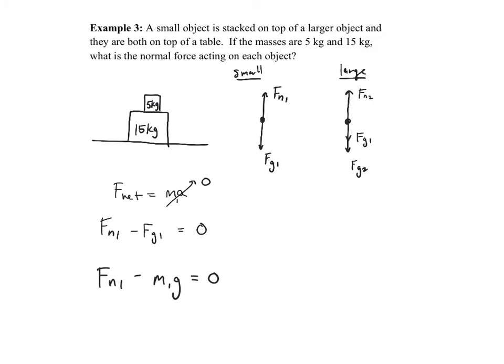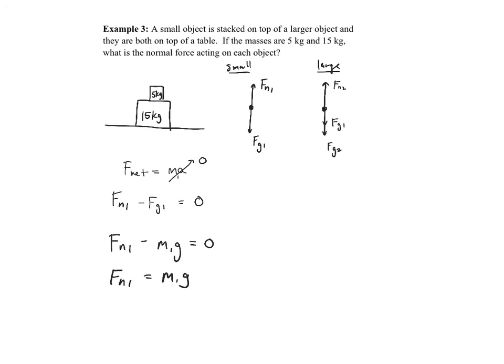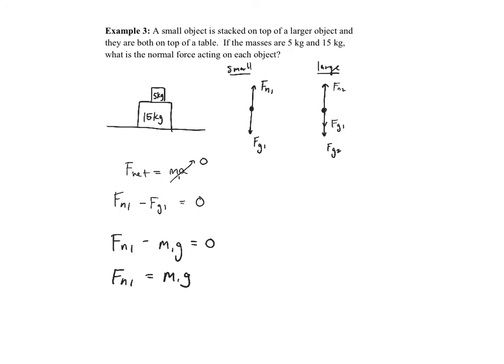I'm putting a 1 here because I'm talking about the mass of the first object. So Fn1 is simply equal to m1g. And that makes sense logically. Here's how I would read this. If you want to write this in words and you're not seeing it right away, I would recommend that.